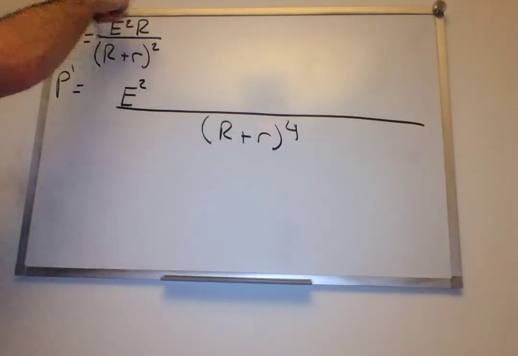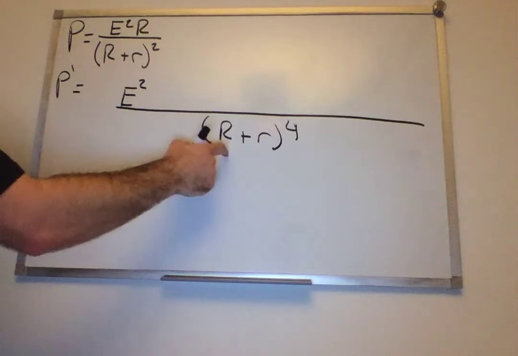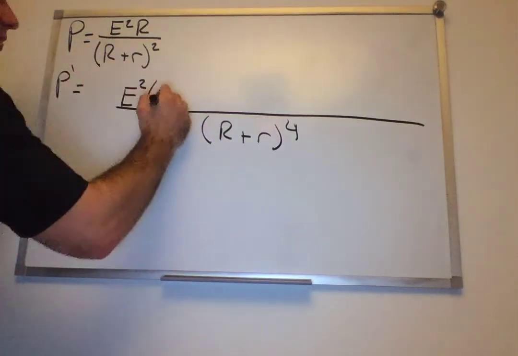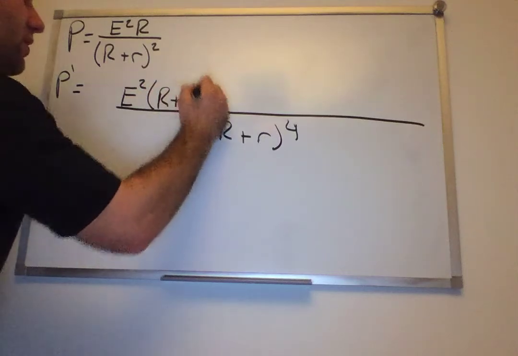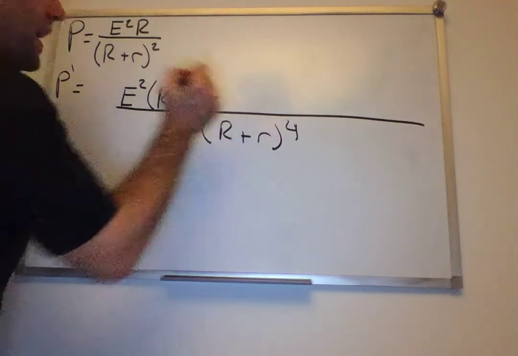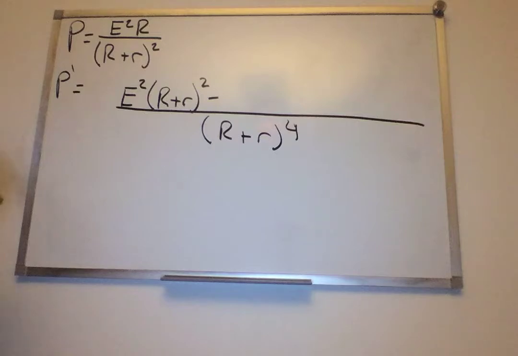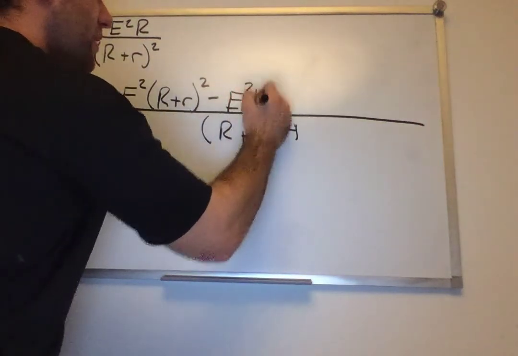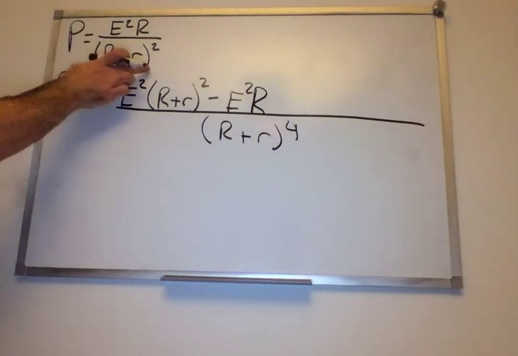Derivative of R is 1 times E squared is E squared times the, not this denominator, times the denominator, big R plus little r quantity squared, minus the numerator, E squared big R, times the derivative of the denominator.